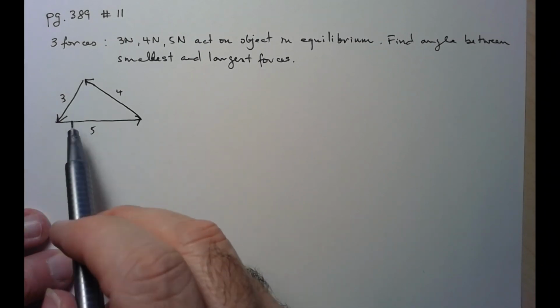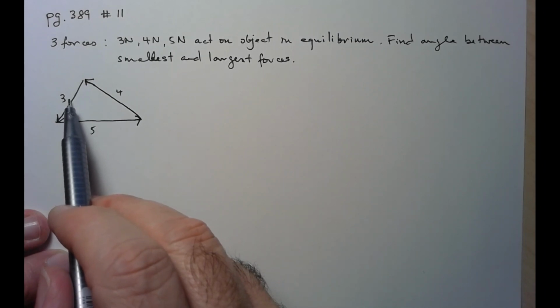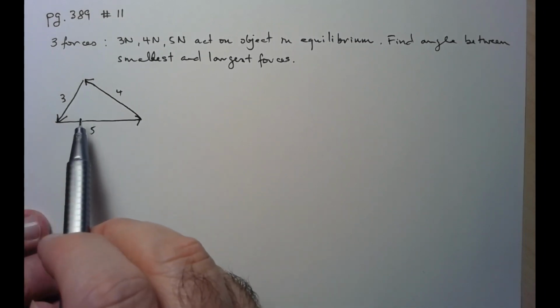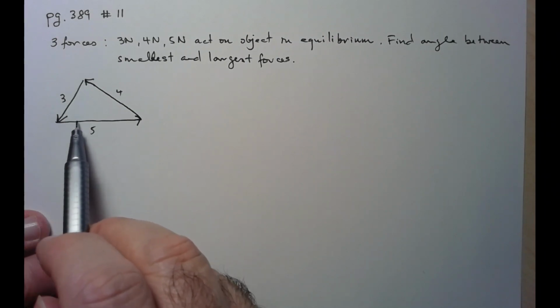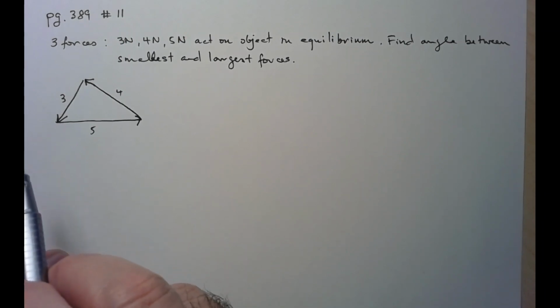But what we want to determine is the angle between the smallest force and the largest force. And I hope you're seeing that the angle that we won't be using will be this one here because they're not placed tail to tail. The way in which we give the angle between two vectors is it must be tail to tail.